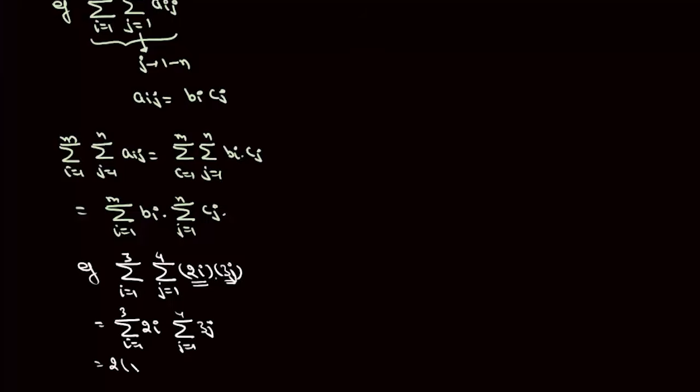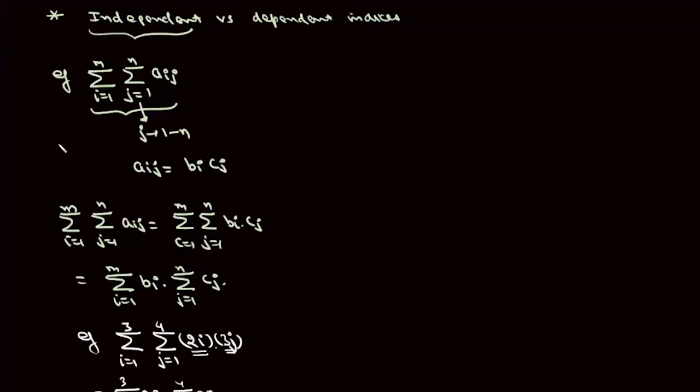This is 2 into summation i, which is n into n plus 1 by 2, and this is 3 into summation j, which is again n into n plus 1 by 2. So this 4 will cancel, and the double summation is simply 360. So in independent indices, we are talking about a whole rectangular region.